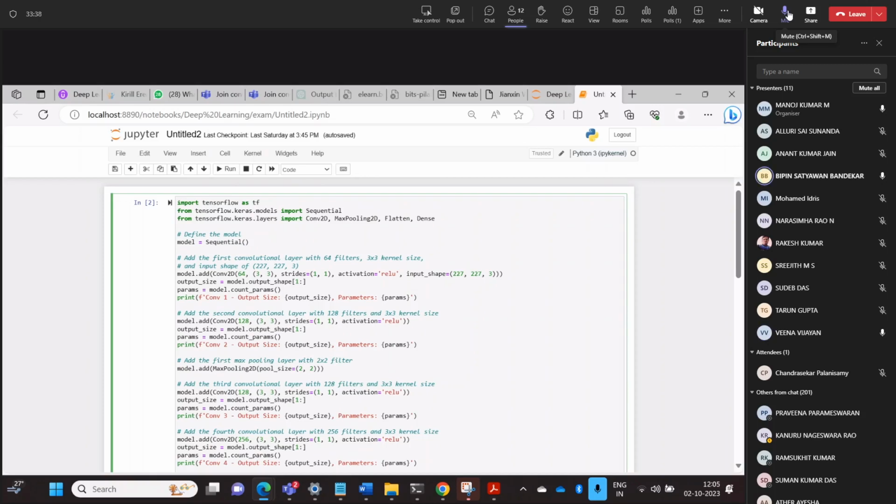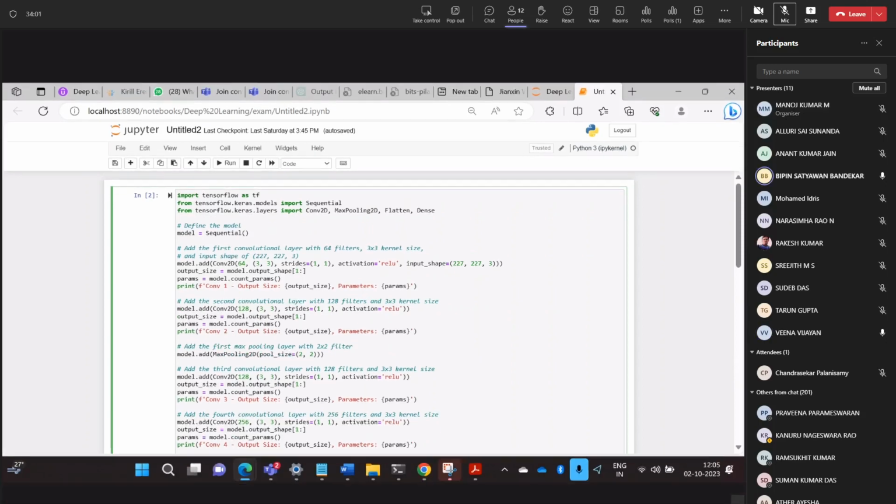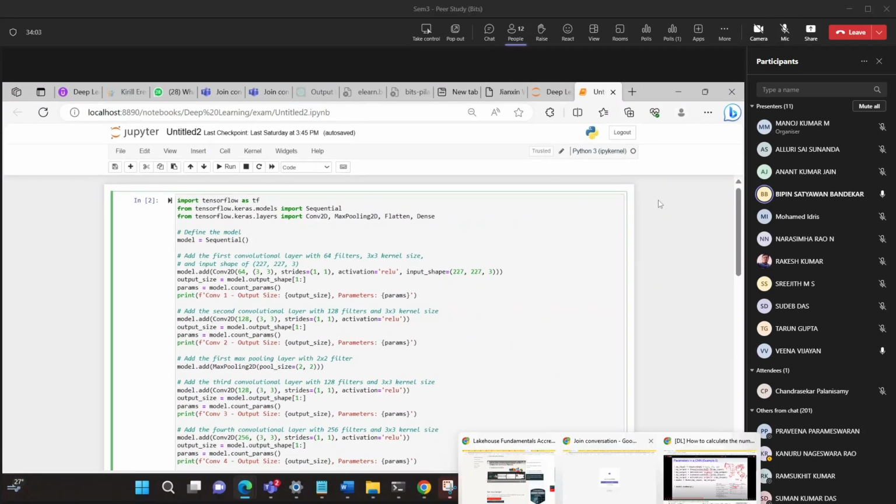What is the padding here? It will be 0. They haven't given it. So this is TensorFlow, right? I think the default mode of TensorFlow is same, right? Same means the required padding is added to get the output equal to the input size.